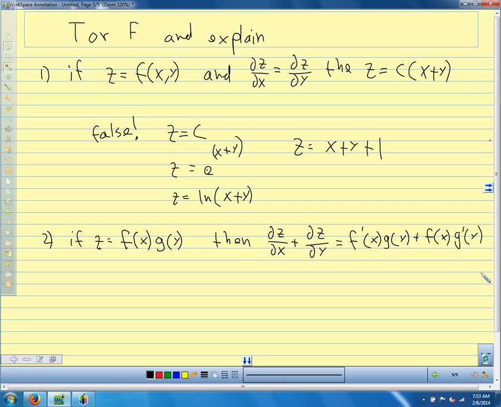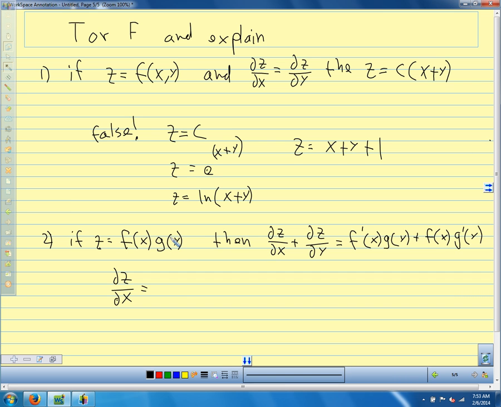So what can we do to figure this one out? Could we just take our derivatives, find our partial derivatives? So for this particular function, what is dz/dx, the partial with respect to x? G of y is just a function of y, so what do we consider that one?